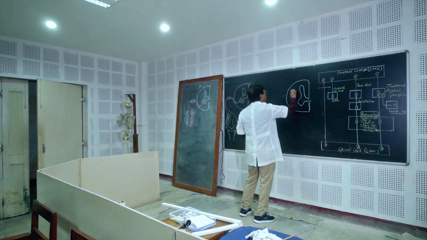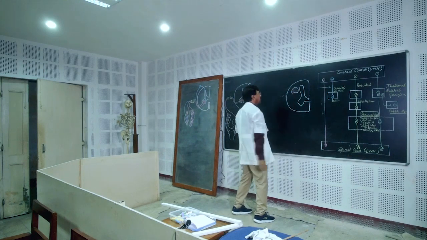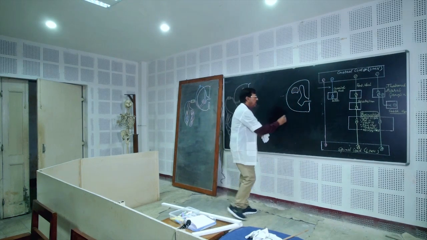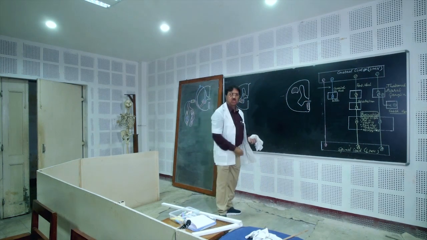Behind this, there is the central part, the posterior part of the central area of the lateral white column. This is the position of the lateral corticospinal tract. And from the previous diagram, this is the position of the ventral or anterior corticospinal tract. These are the two positions.